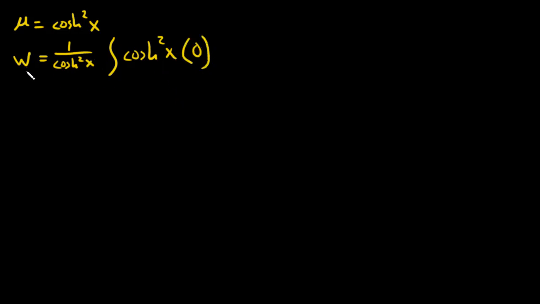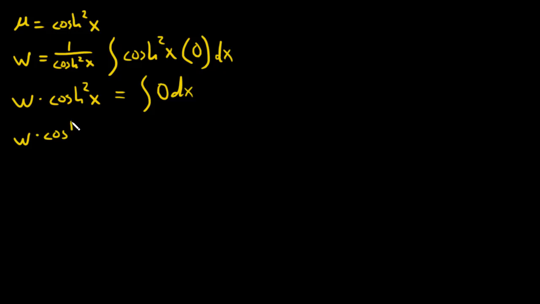So I'm now going to move the hyperbolic cosine squared x over and get w times hyperbolic cosine squared x is equal to the integral of 0 dx, right? Well, I have to differentiate to get 0, so it had to be a constant. So w times hyperbolic cosine squared x is equal to c1.